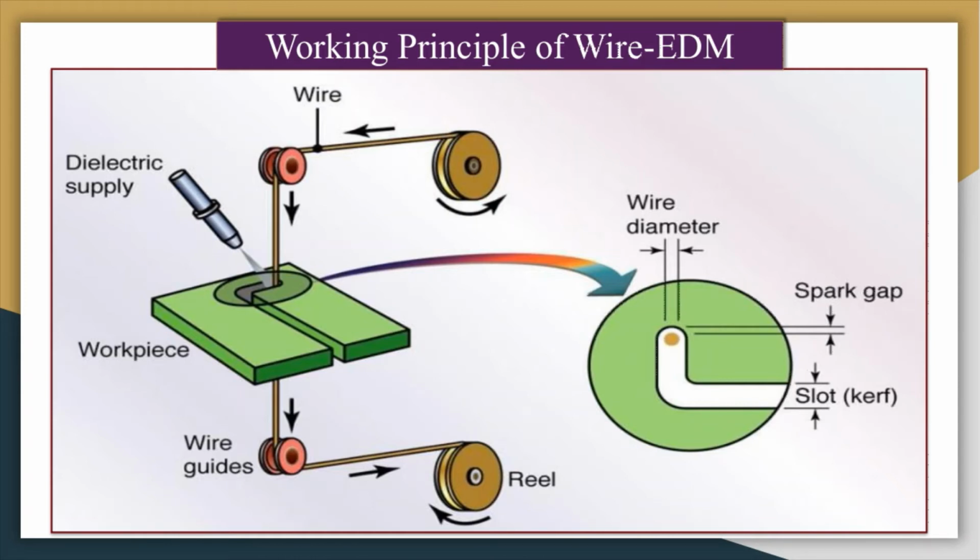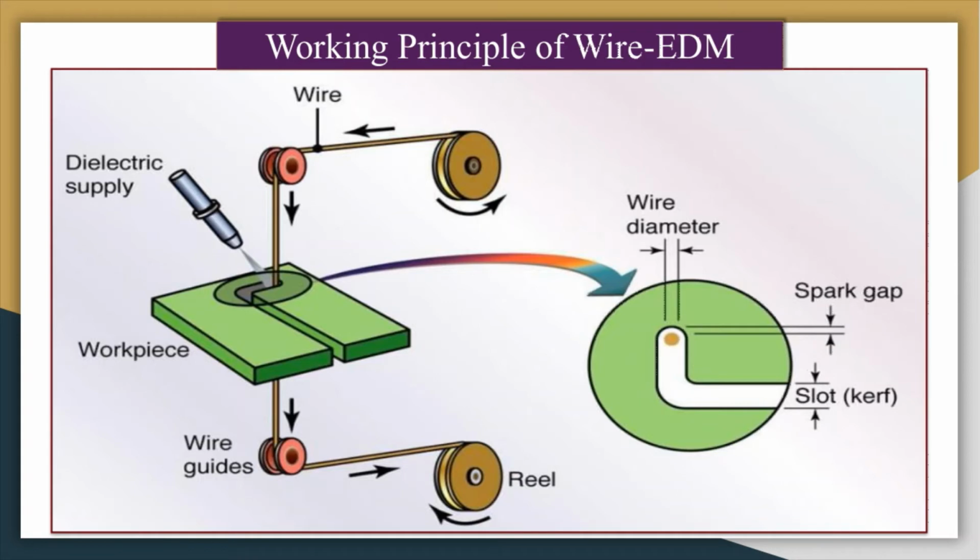Again, the power supply we have to give here, and a pulsating DC power supply is used in the wire EDM process. The working principle is the same as our normal EDM process. The spark is generated in between the wire and the workpiece, but here the wire diameter is very small.